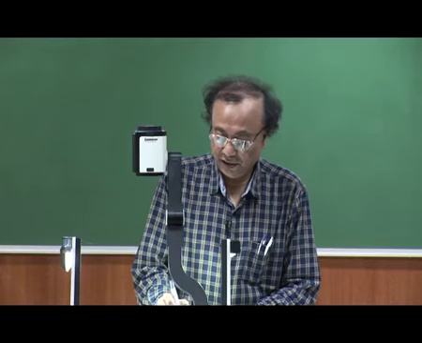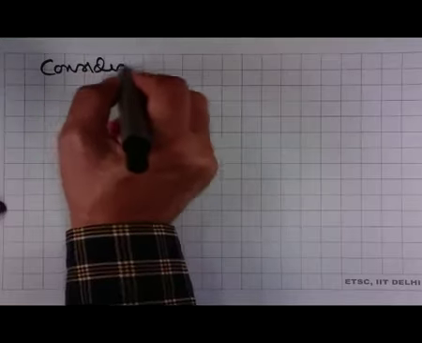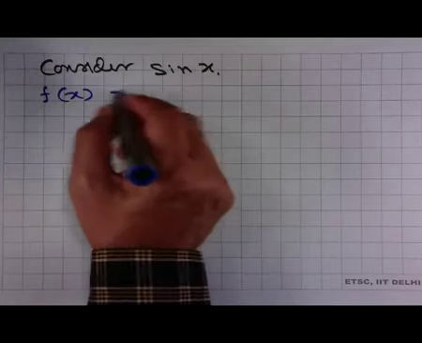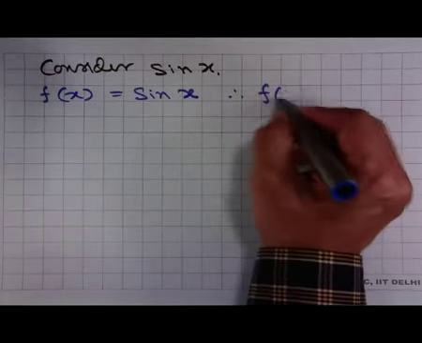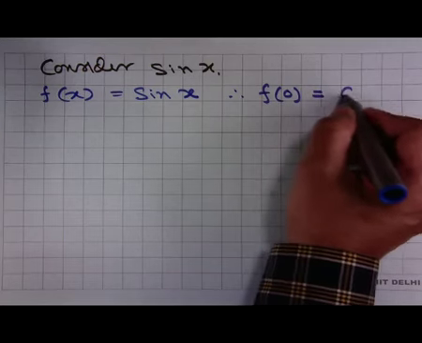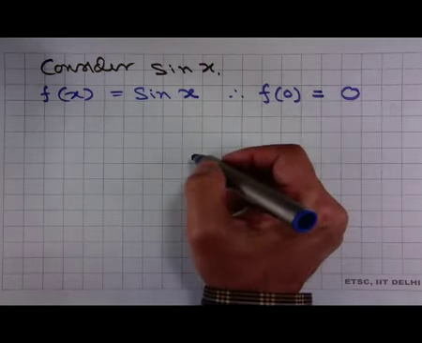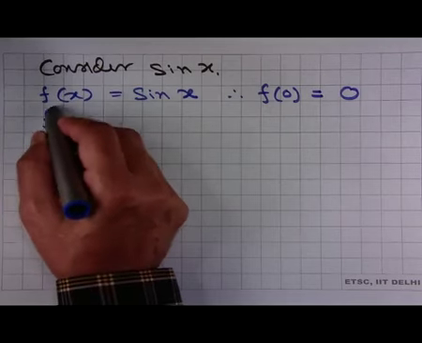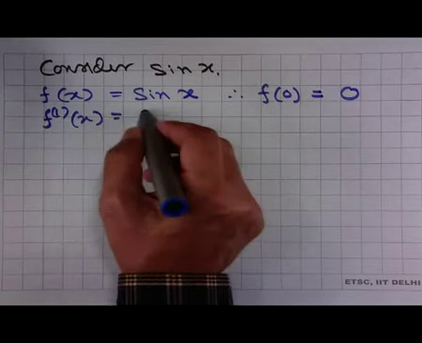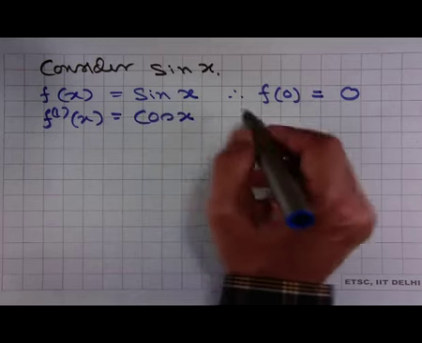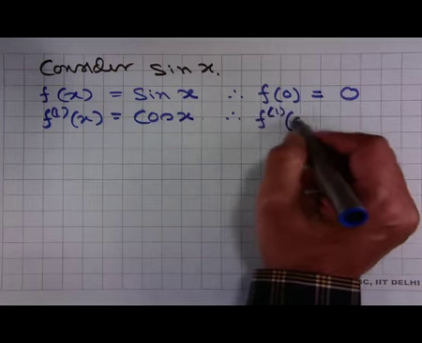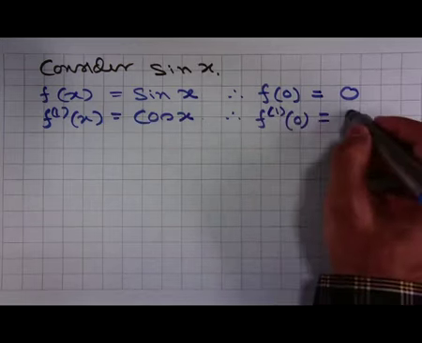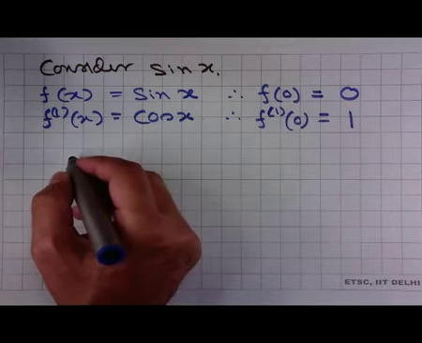So, for illustration, consider sin x. f(x) is equal to sin x. Therefore, f(0) is equal to 0. First derivative of x is equal to cos x. Therefore, first derivative at 0 is equal to cos 0, which is equal to 1.